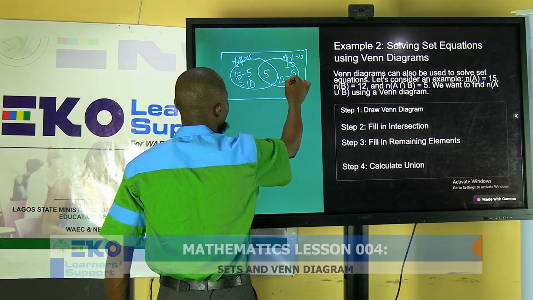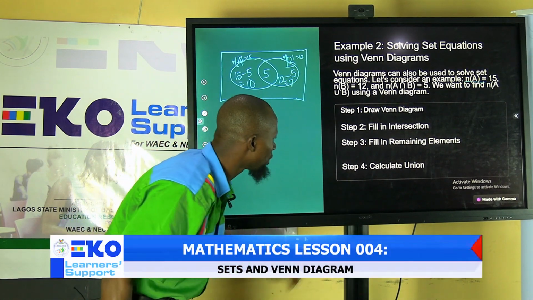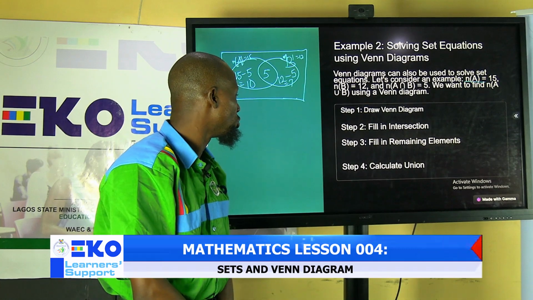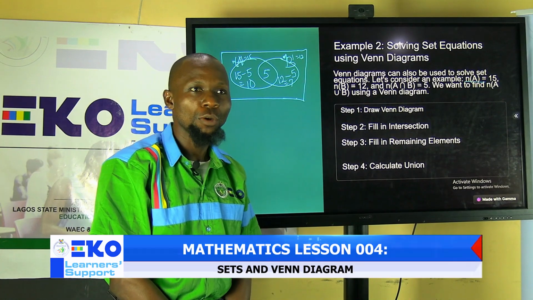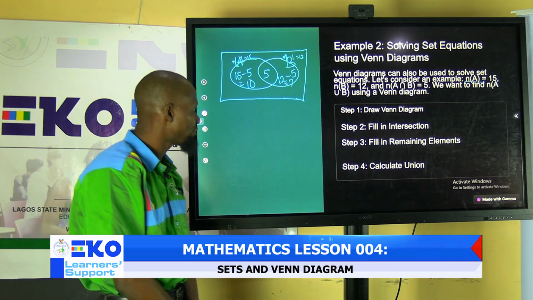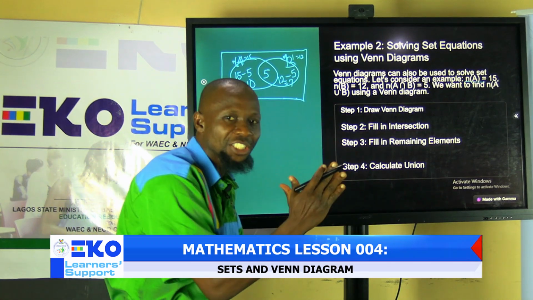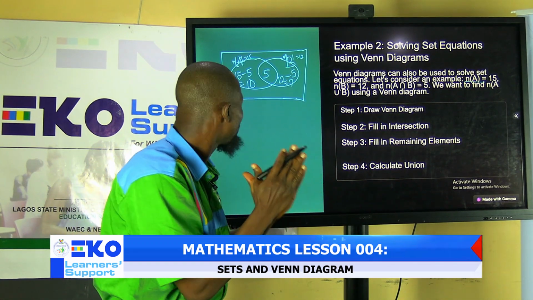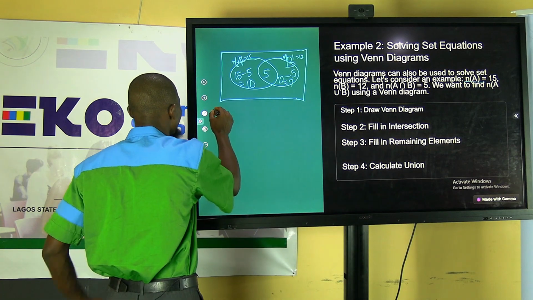This is 7. So the question is to find the union. When we say the union of sets, it means merging all of them together without repetition. So let's merge.